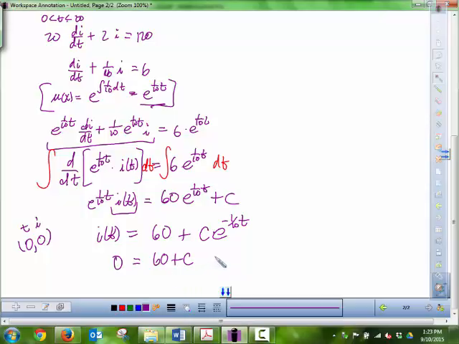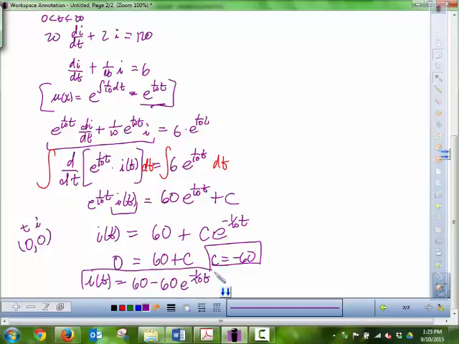So c is equal to negative 60. And that's your function: I of t is equal to 60 minus 60 e to the 1/10 t. You could factor out a 60 and write 60 just one time, but this will work for us.